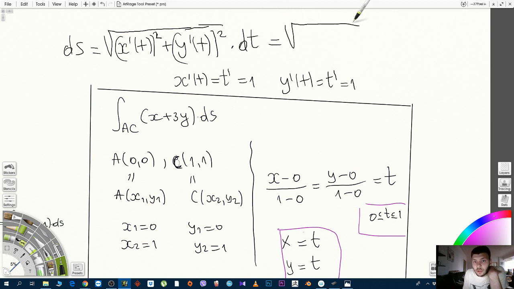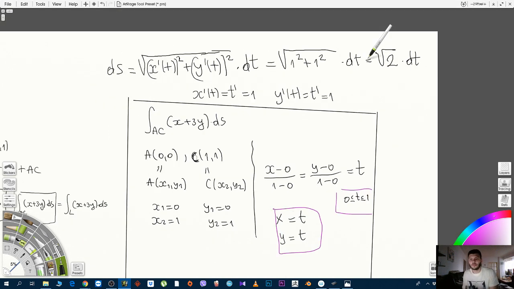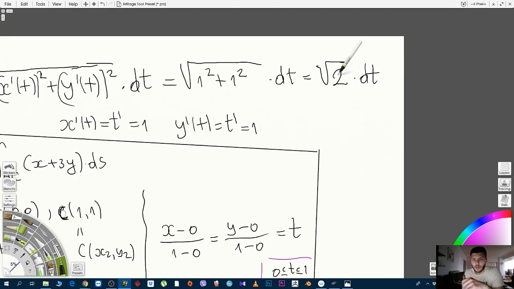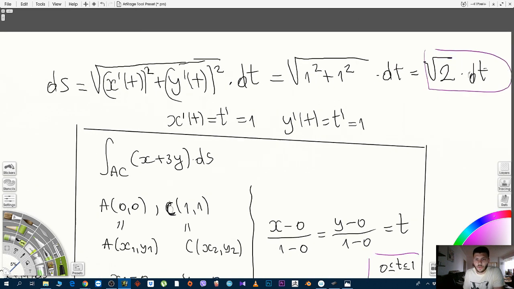So we have square root of 1 squared plus 1 squared times dt, and that is equal to square root of 2 times dt. That is our line element ds.